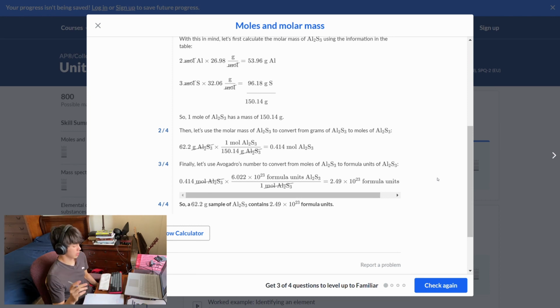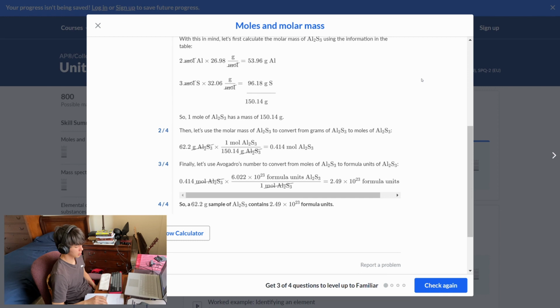Wait. Avogadro's number is 1 over... Wait, what was Avogadro's number again? Was it grams per mole?